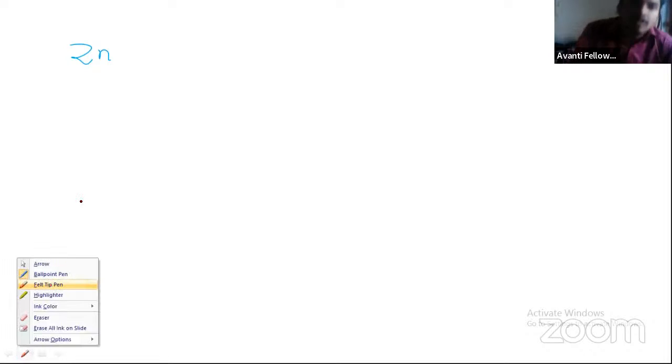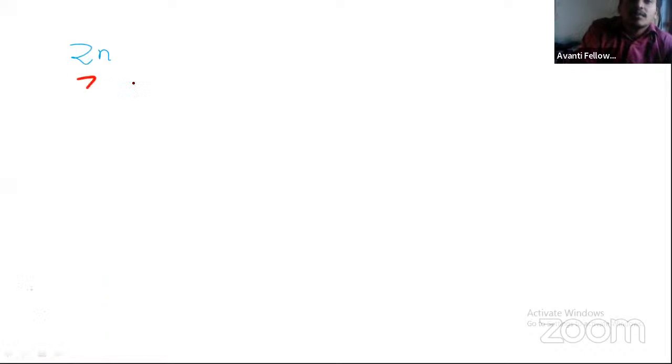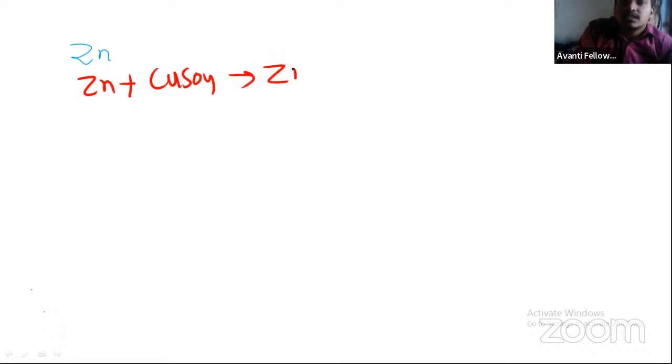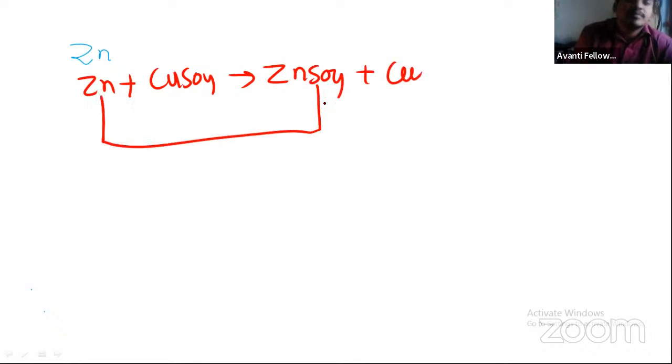So let's suppose you see zinc plus copper sulfate gives rise to ZnSO4 plus copper. Now, what is exactly happening? Zinc is going to become ZnSO4 and copper sulfate is going to become copper.